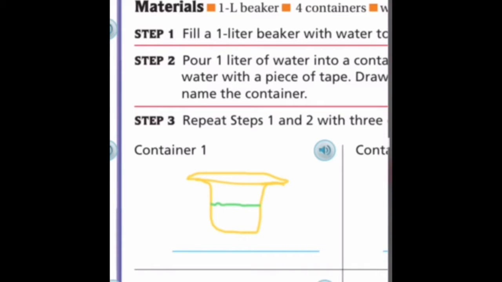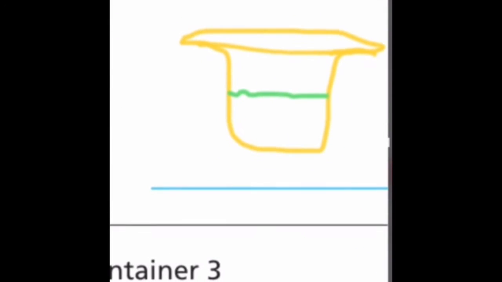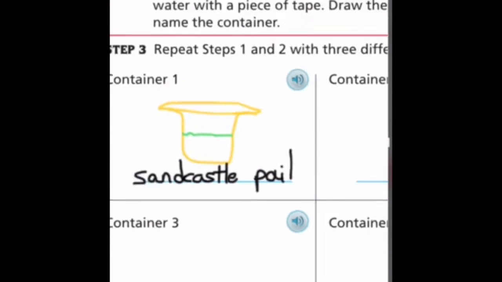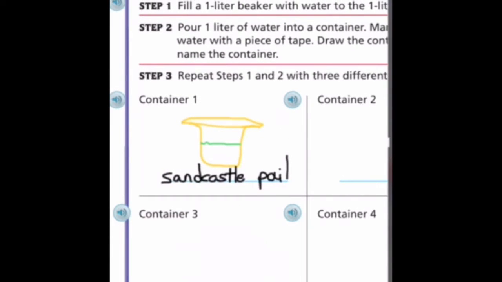That's our water level, okay? And that was the sandcastle pail. So we were able to fill it to the halfway point.